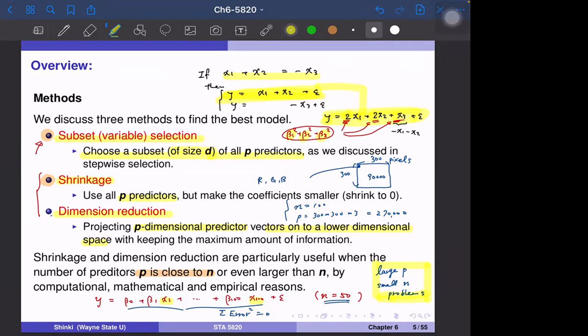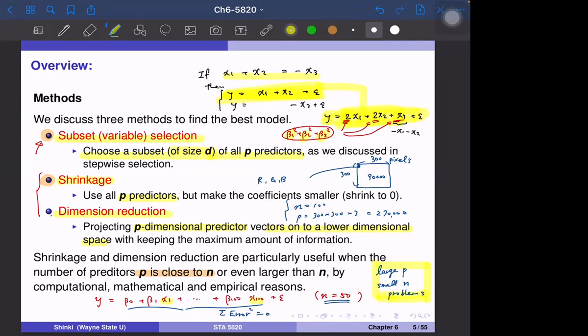That means even though fitted values are similar for these two models, possibly some models have large coefficients, the 2, 2, 1, sometimes maybe 100 times x1 plus 100 times x2 plus 99 times x3. The fitted values are still similar to this simpler model, y is equal to x1 plus x2 plus epsilon.